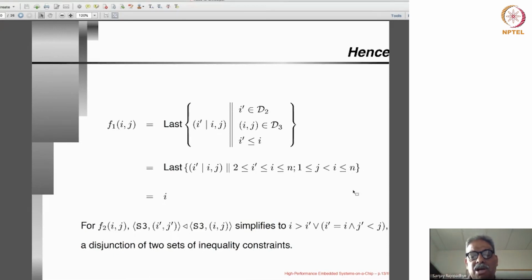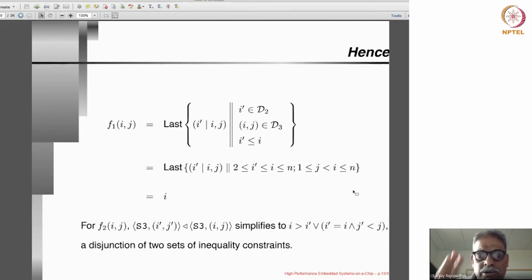It is the disjunction of two sets of inequalities. And if you think a little bit about it, that leads to the union of two polyhedra. In this case two, but in general, a union of polyhedra. So the lexicographic order among indices, the execution order, can be broken up into the disjoint union of polyhedra. Okay?